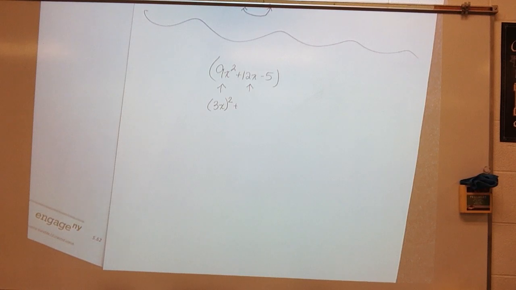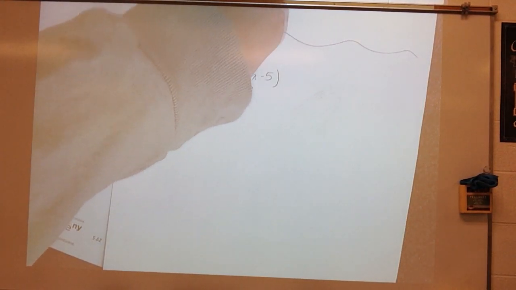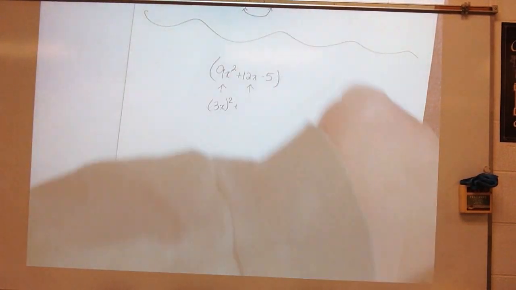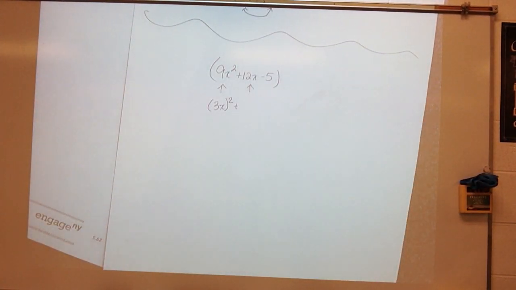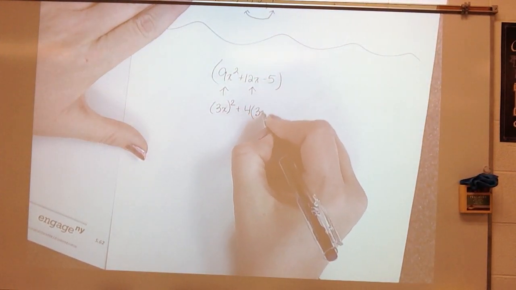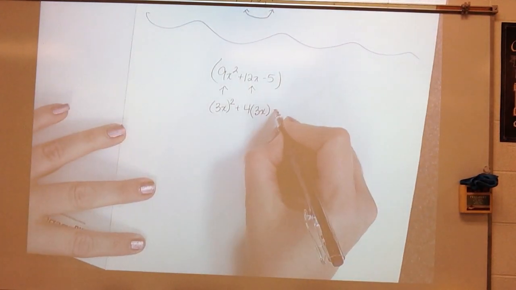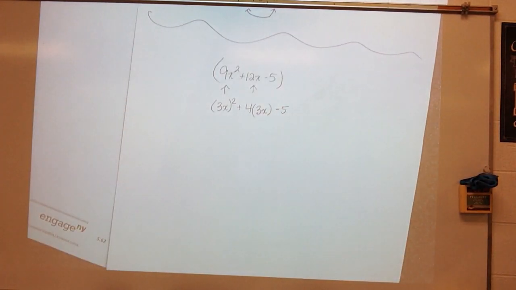But think about this. Can I multiply something times 3x to give me 12x? I can. I can multiply it times 4. And then I'm going to leave that negative 5.